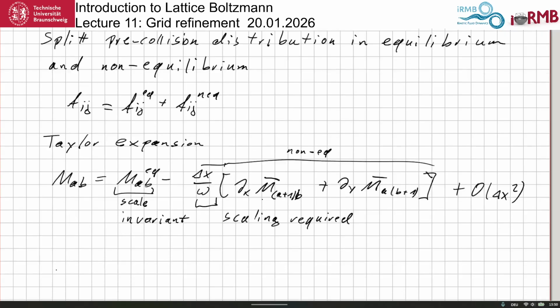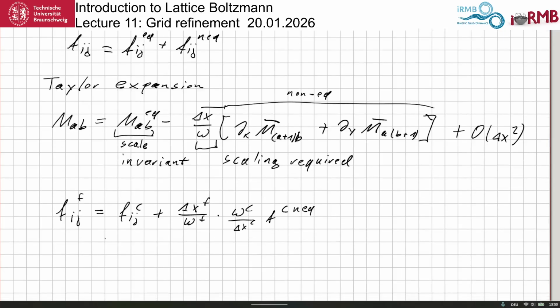The entire population can now be built like this. So we have f_ij fine is f_ij coarse plus delta x fine divided by omega fine times omega coarse divided by delta x coarse times f coarse non-equilibrium.